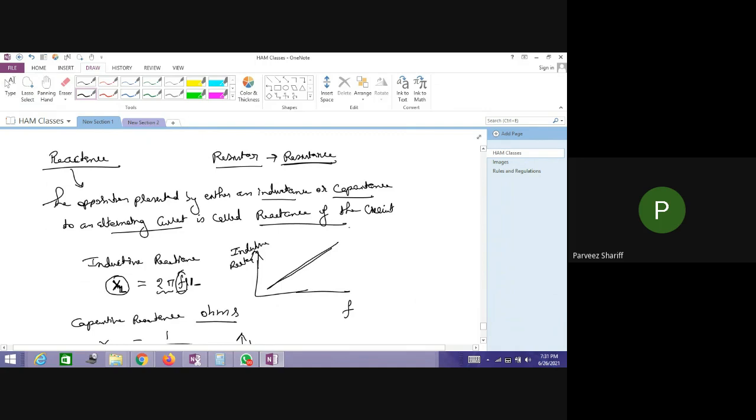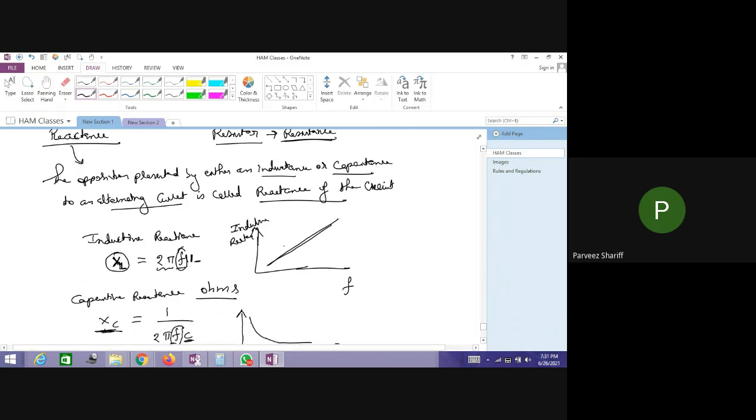It means how a capacitor and inductor behave when applied with an AC signal, how much opposition they offer to the alternating current. That is called the reactance, faced by or represented by the inductor and capacitor.